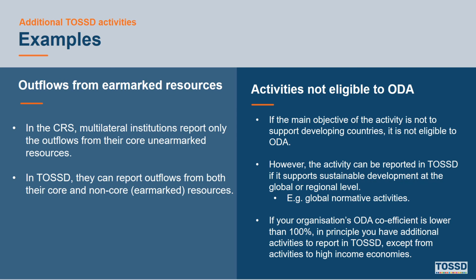A typical example of such activities in the case of multilateral institutions is the global normative activities, for example, the international health regulations, which are focused on all countries and not necessarily and specifically on developing countries in particular. In principle, if your organization's ODA coefficient is lower than 100%, you should have additional activities to report in TOSSD, except for activities to high-income economies, which are not reportable in TOSSD.